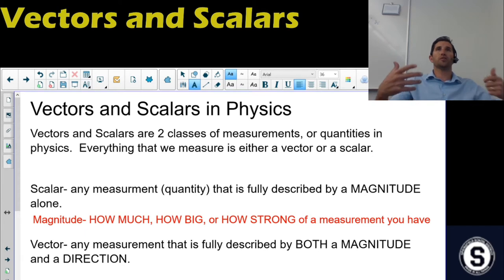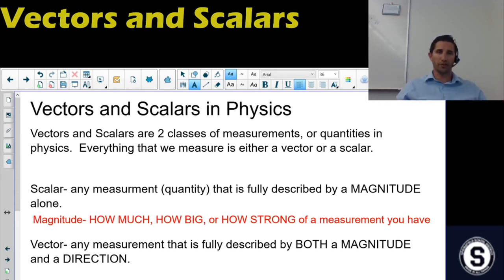For example, if we were measuring the weight of an object, the magnitude is how much weight. If we're talking about the magnitude of a force, how strong of a force are we talking about. If we're talking about displacement, how big of a displacement. So it's how much of whatever it is you're measuring. It's the number part of a measurement, okay?